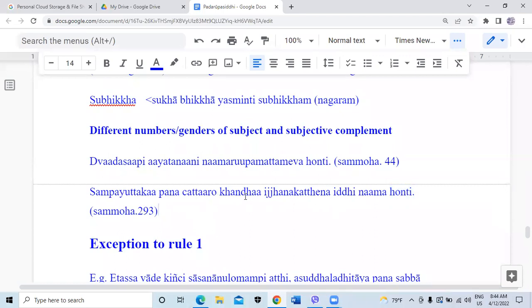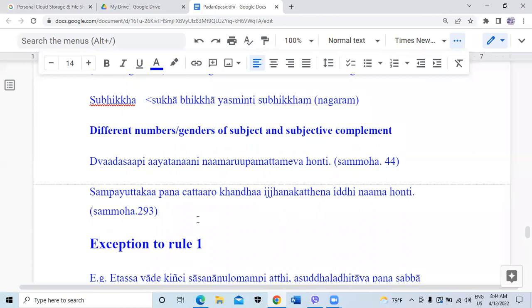Khandha is one subject, and then attā nāma is the second subject. This is Bhāvataddhita in Pāḷi.